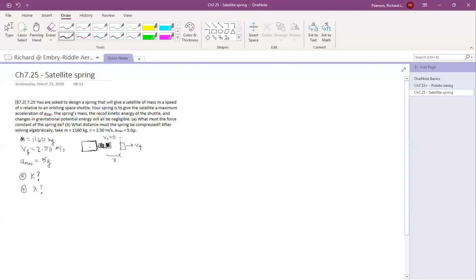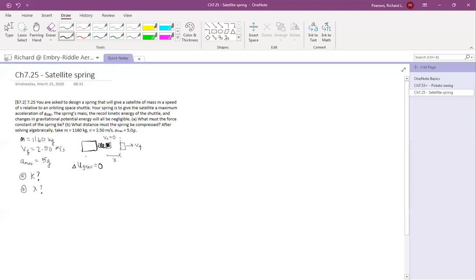It's negligible, so we don't have to worry about that. We also don't have to worry about any change in gravitational potential energy, so delta U grav is 0.